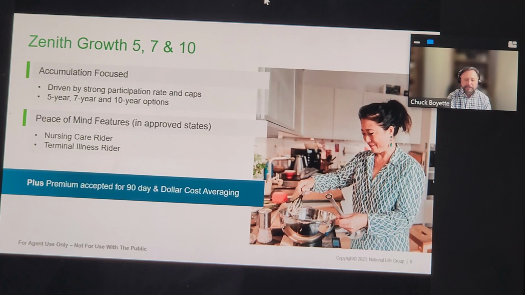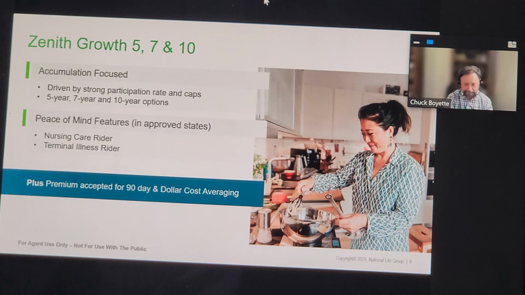Something that is new for our new lineup of single premium annuities is that we allow 90 days now for your clients to get their premiums into their product. So they don't have to get everything in right away. They do have up to 90 days.